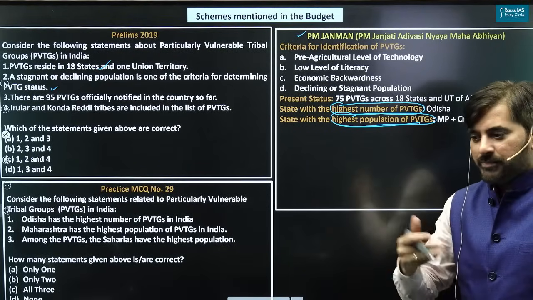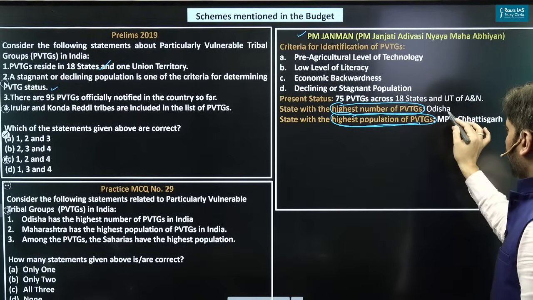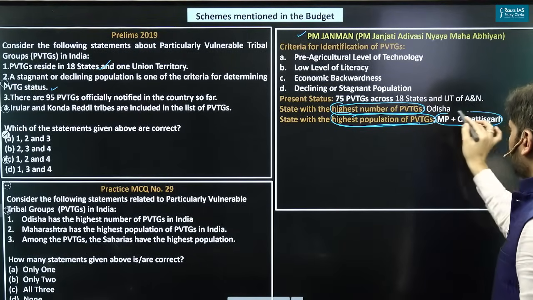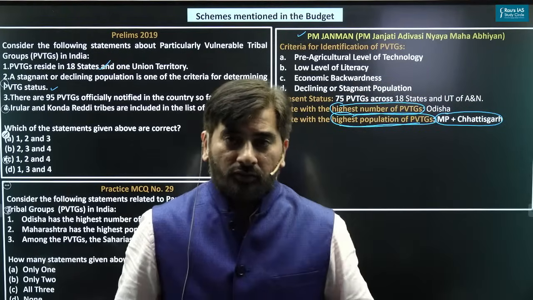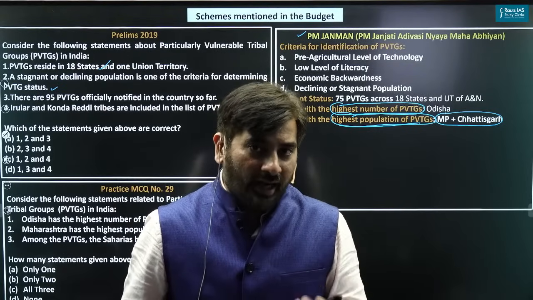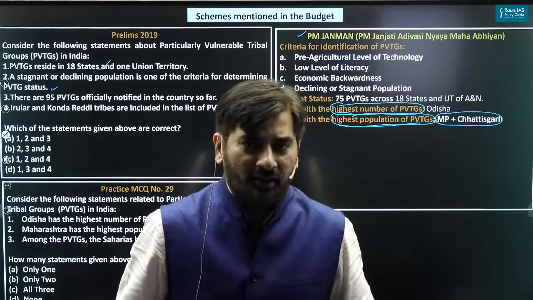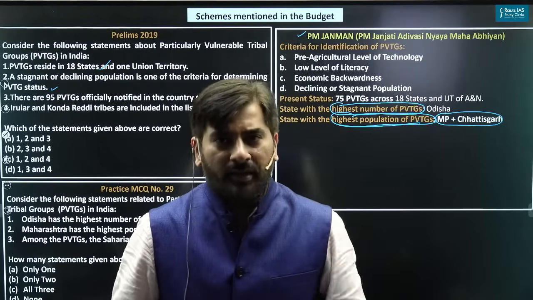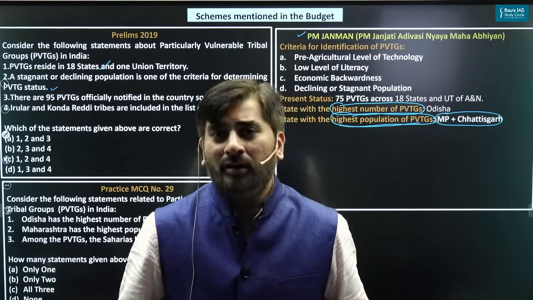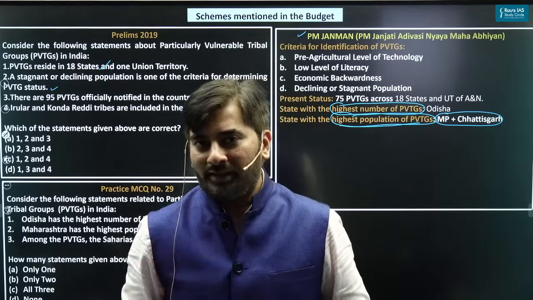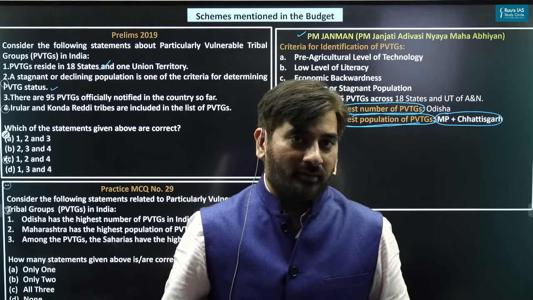Right now, as per the government sources, the government has provided the data that the states of MP and Chhattisgarh together account for the highest population. It was data which the government had provided before Chhattisgarh actually got separated from Madhya Pradesh, and even now we are referring to the same data. So as far as prelims examination is concerned, please remember Odisha has the highest number of PVTGs, but it does not have the highest population of PVTGs. Next one.